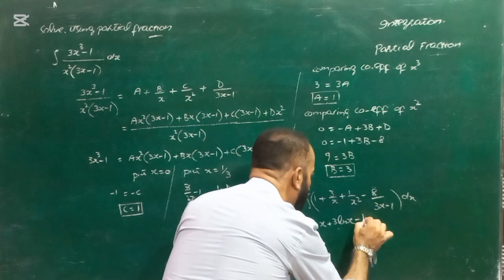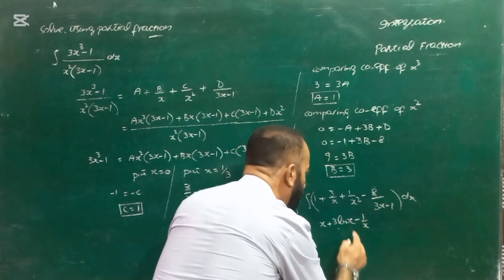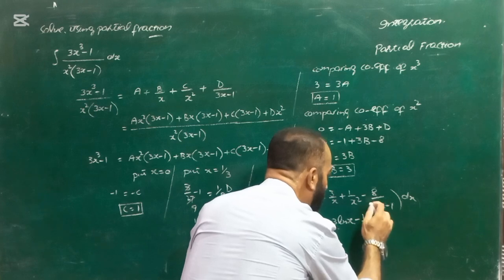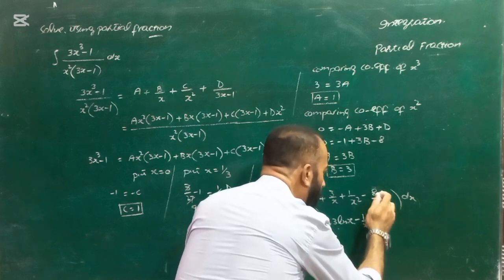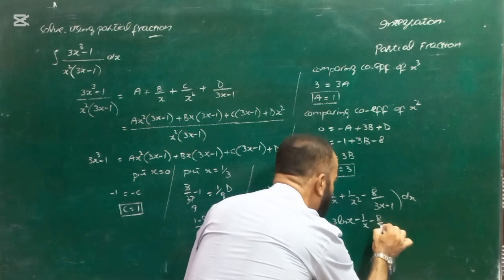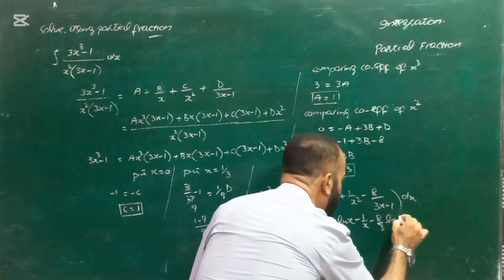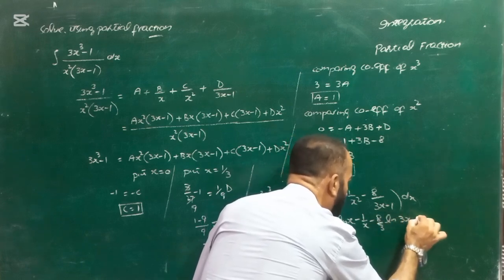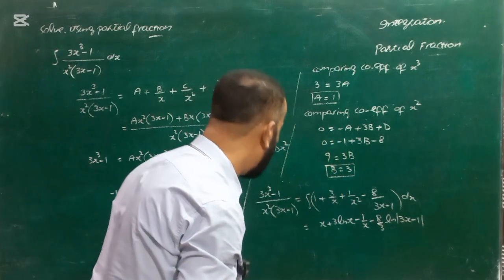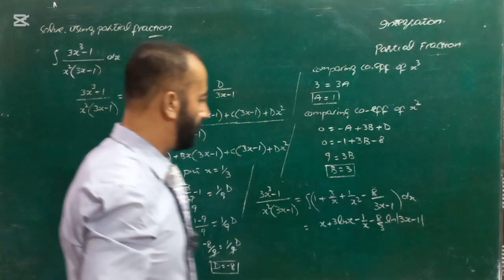So minus 1 over x will be the integral of this one, and the integral of this factor will be, put 3 in the numerator and denominator as well. So minus 8 over 3 natural log of 3x minus 1. So this is the answer of this question.